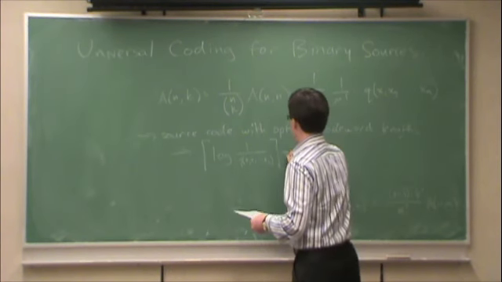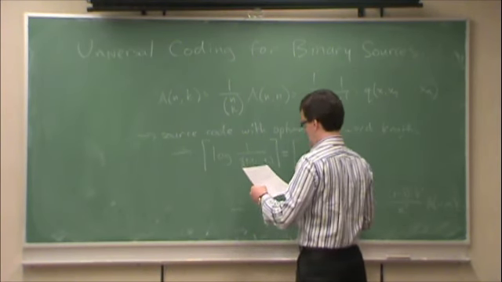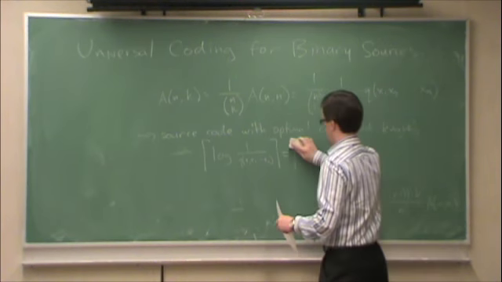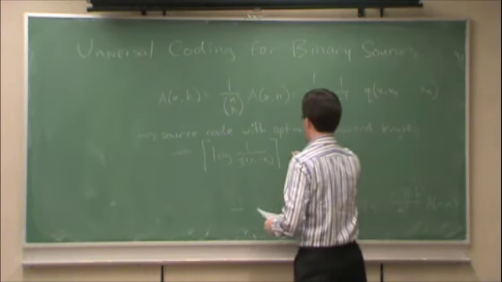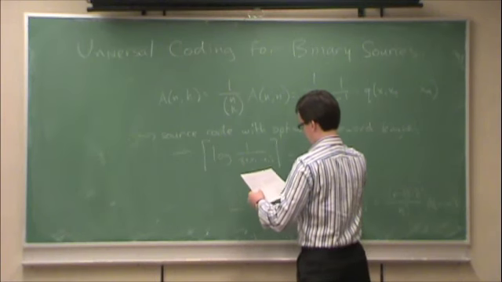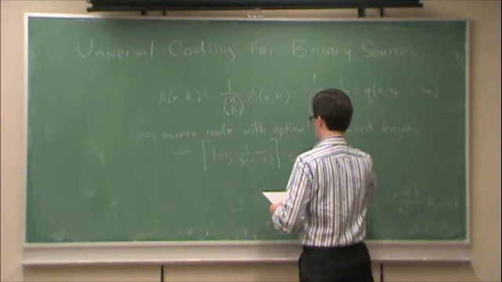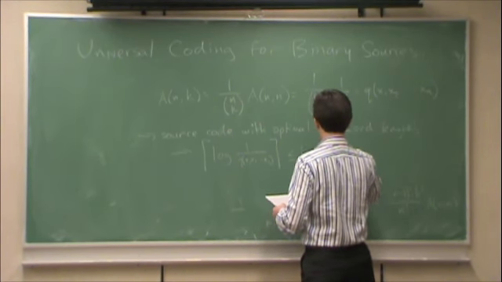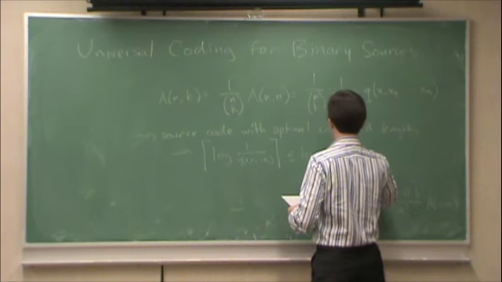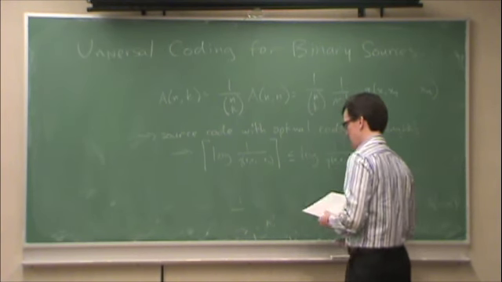But this is equal to ceiling. Actually, let me get rid of that ceiling. That's less than or equal to log 1 over q, x1, x2, and so on, xn plus 1.